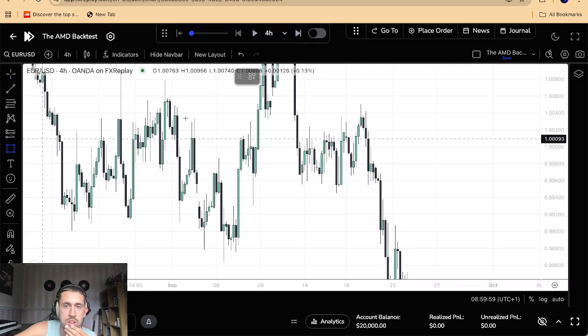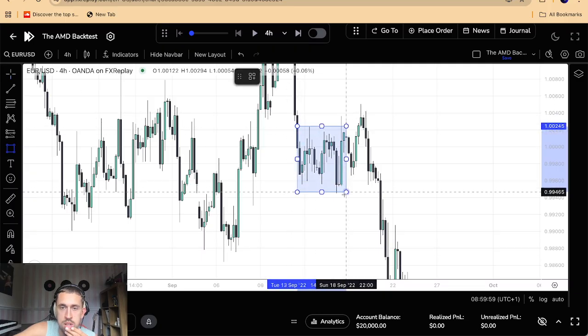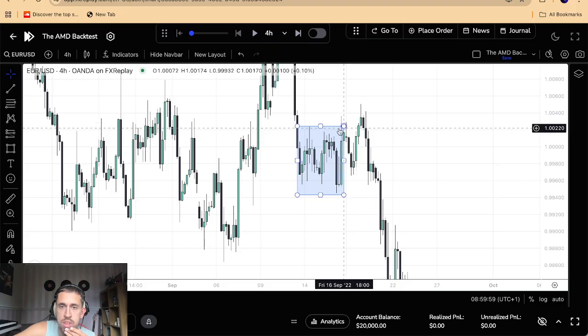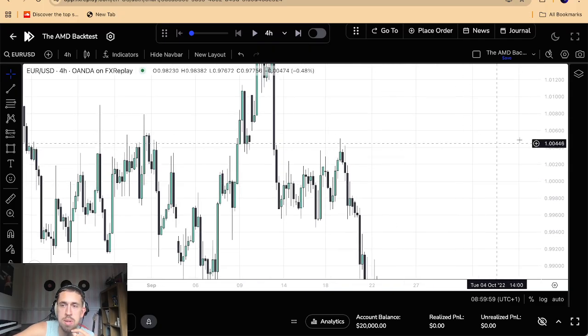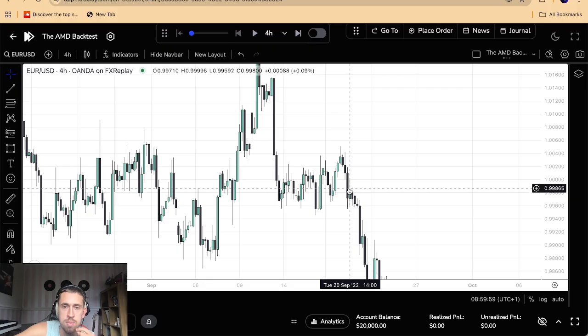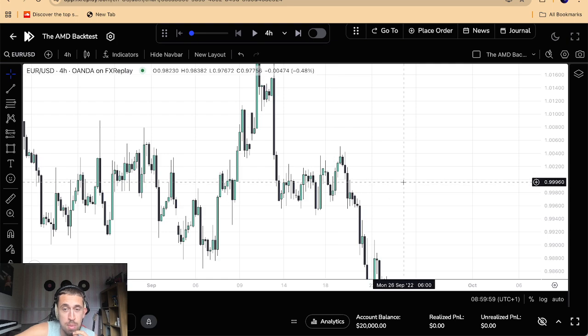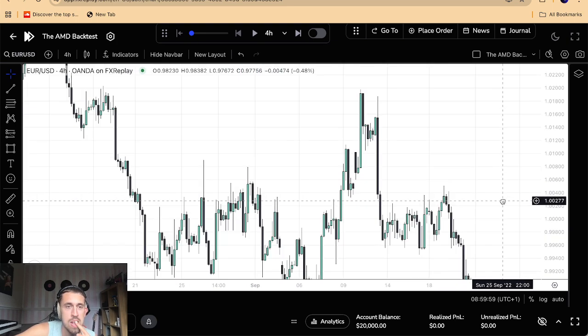This one actually looks like it lost, but again, it clearly wasn't the right manipulation area, and it didn't close super strong either. It didn't close bad, but it didn't close super strong.